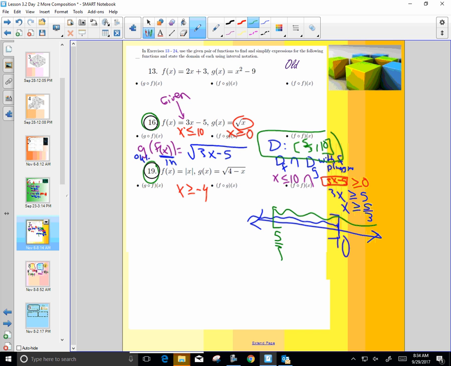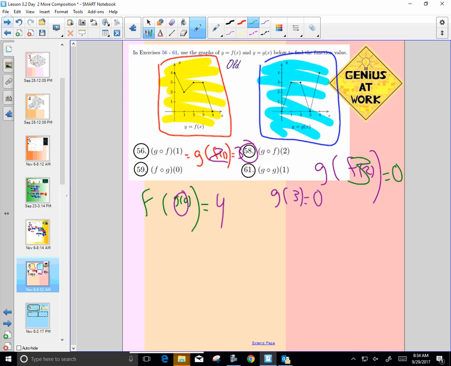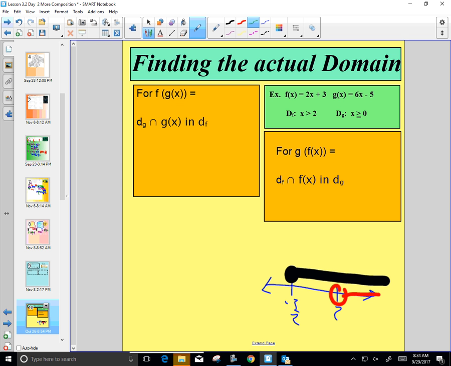Let's do that later. Let's go to one of my slides here, this one right here. I've got them all laid out. And we're just going to keep doing these until they make sense. So here's f of x. Here's g of x. So find f of g of x here and find g of f of x there. So inside is g.